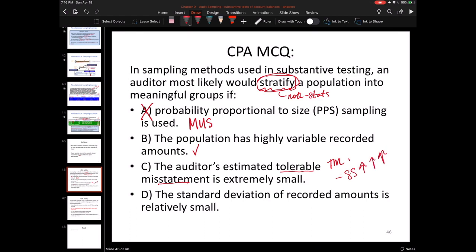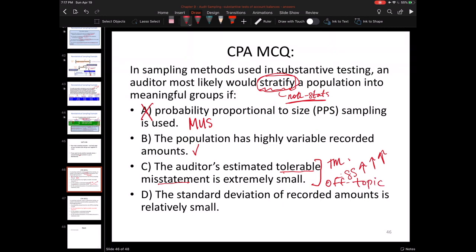And oftentimes, if TM is really small, you actually shouldn't do sampling, right? Because it's an indication that maybe you just can't tolerate any error and you should test 100% of the population or use some other kind of alternate testing technique besides sampling, right? Because if your TM is really small, you're going to have to be extremely precise.